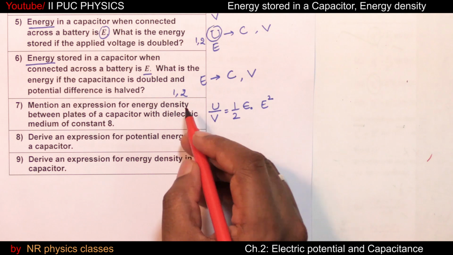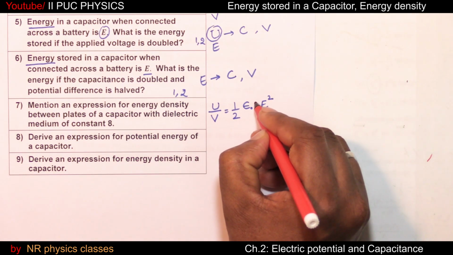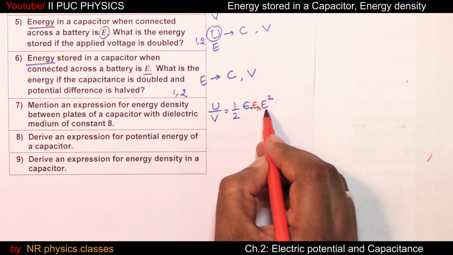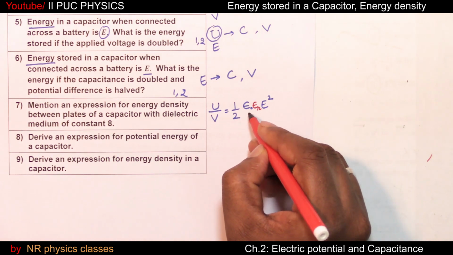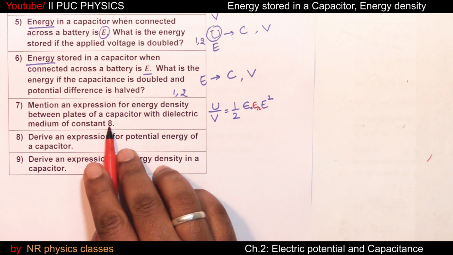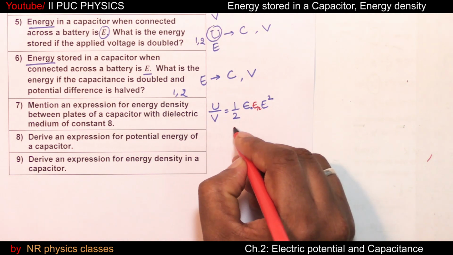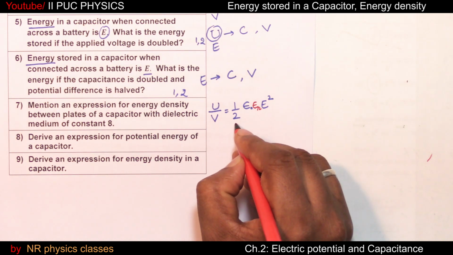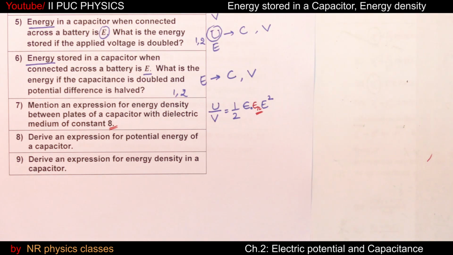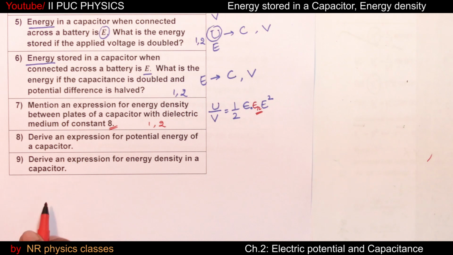But with a dielectric medium, this energy density should be accompanied by epsilon R. So this is the modified equation with dielectric medium: half epsilon naught epsilon R E square. Substitute 8 here and simplify. So energy density is 8 times, because this is in the numerator. This can be asked for 1 mark or 2 marks.